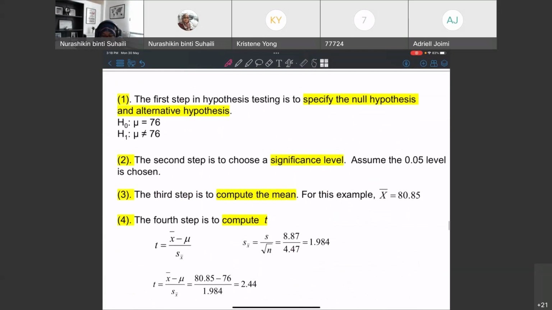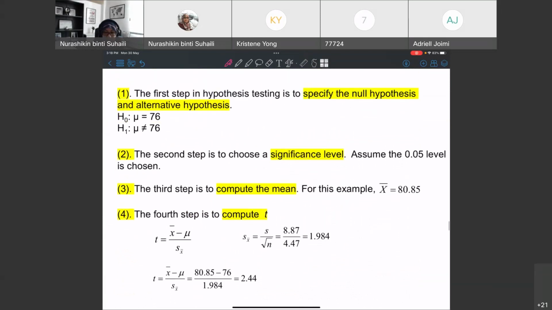Let's go through the general steps. There is a similarity with the previous test. The only difference is in the middle. The first step, to state the hypothesis, is the same. The second step, to choose the significance level, is also the same. The third step is to compute the statistic, and this is where it differs.